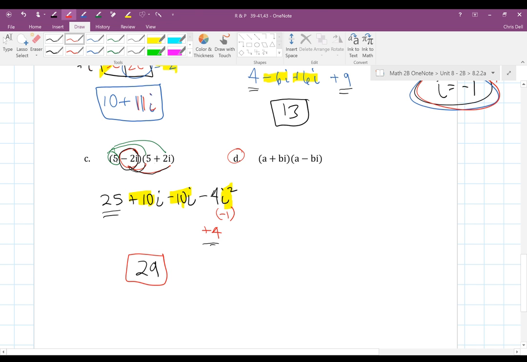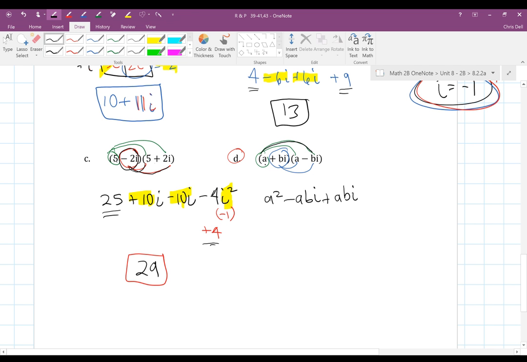So last one, D. Now this one, we're going to be multiplying just variables: a times a, times negative bi, and so on, and then positive bi and distribute that. So let's do that. a times a is a squared. a times negative bi is negative abi. Just multiply it out like a string of multiplication. Then bi times a is positive abi, and I'll put it alphabetically.